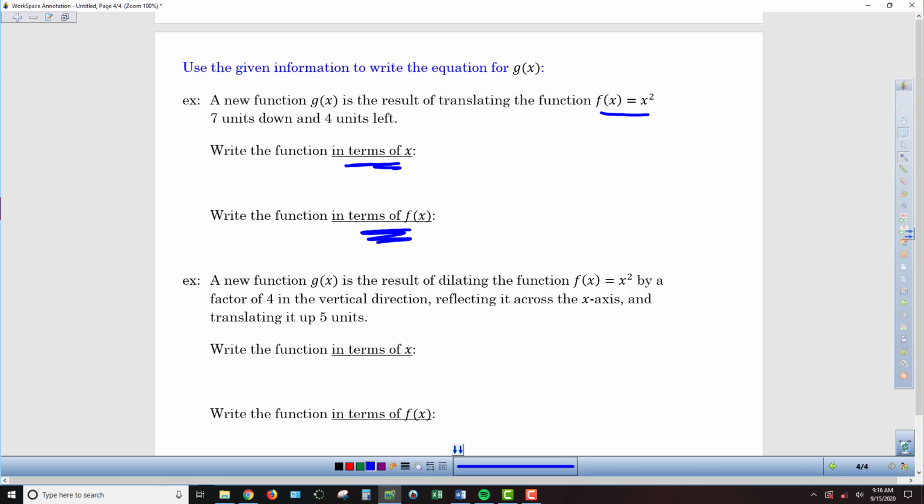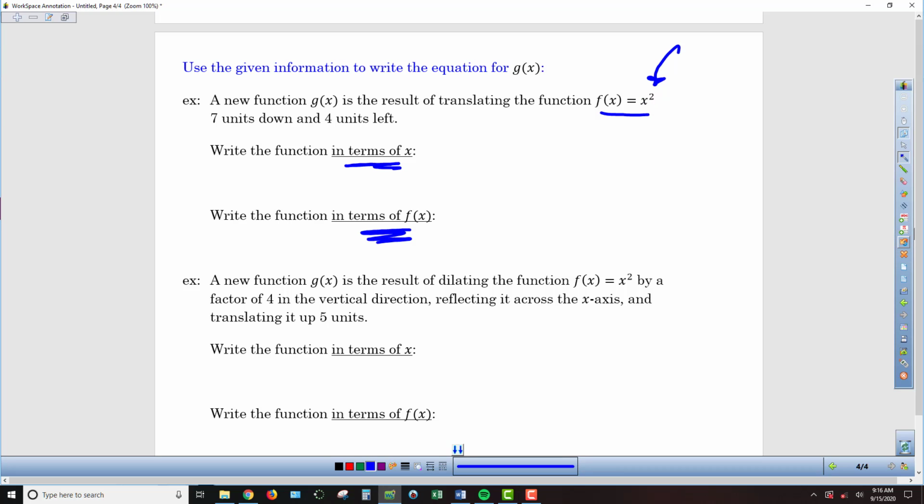So in terms of x is when we're specific to this function x squared, and then in terms of f of x is when we're keeping it general to where we might not even know what our function was. Might be absolute value, might be x squared, might be x cubed, might be square root of x, and we're just going to write it in this general format.